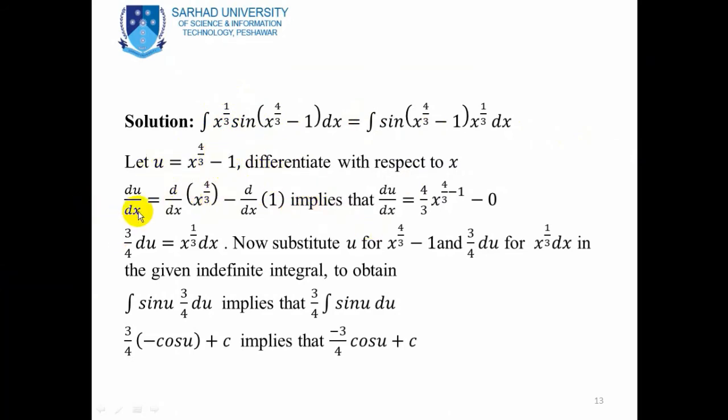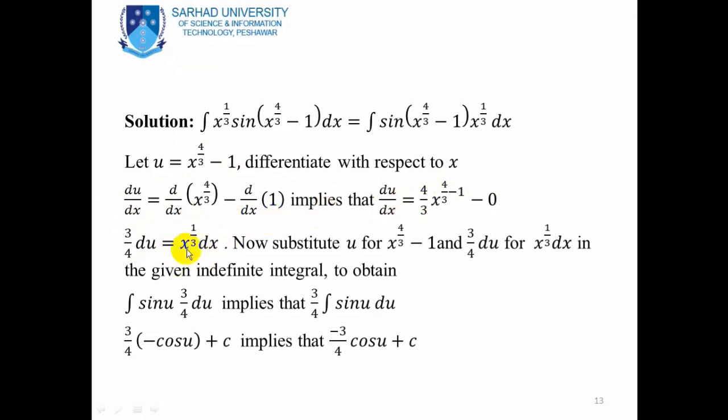So du by dx is equal to the derivative of x power 4 by 3. By using the power rule, multiply the power with the coefficient and subtract 1 from the power, we obtain 4 by 3 into x power 4 by 3 minus 1. Now this implies that by using cross multiplication, 3 by 4 into du is equal to, after taking LCM of 4 by 3 minus 1, we obtain x power 1 over 3 into dx.